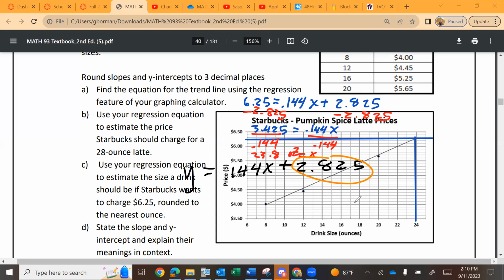Now, in other words, it's going to hit the y-axis at 0, 2.825. And the fact that this clearly is not going to hit at 2.825, which is like down here somewhere, if you bring that thing down, that kind of makes me suspicious that maybe my equation is wrong.